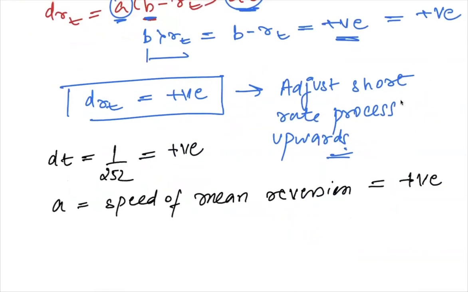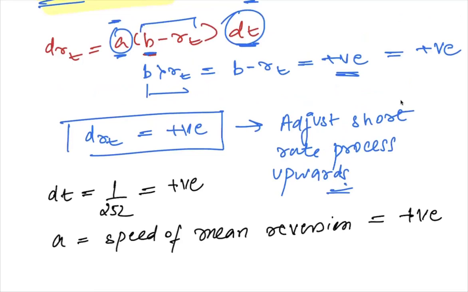Take an example: I was riding my motorbike at 10 miles per hour or 10 kilometers per hour. Speed cannot be negative, and that's why I say the A and dt term is always positive.